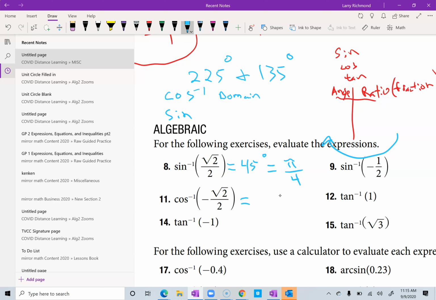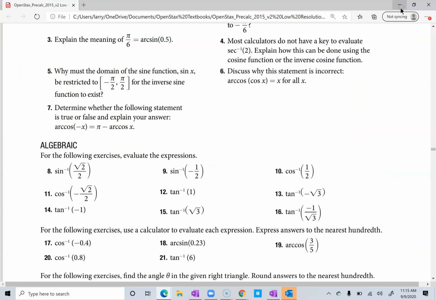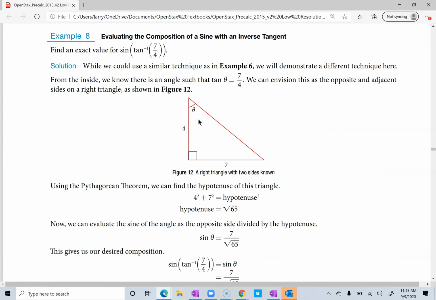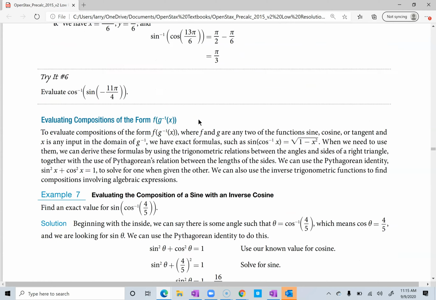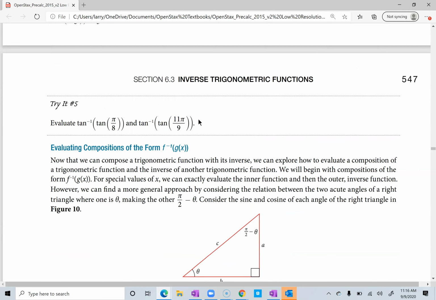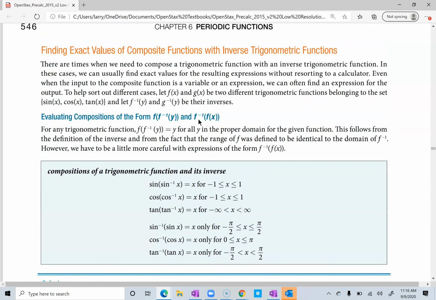Anybody recall? The domain would be the angle measure. Okay, looking back here, I want to show y'all what this is going to be, an important part. This is going to come up a few times. We have a restriction.